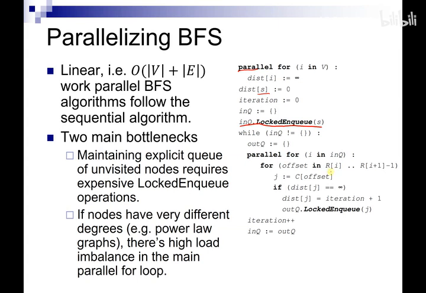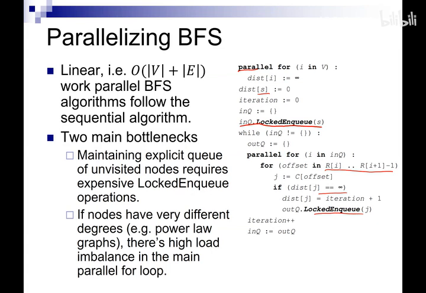For each of those items, we're going to find all of the neighbors of this node i. And if the neighbor hasn't been visited, then we're going to enqueue that neighbor into the queue. However, when you do the enqueue, again, you have to do a locked enqueue. You have to lock the queue first and then do the enqueue.